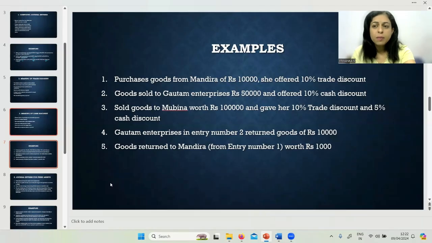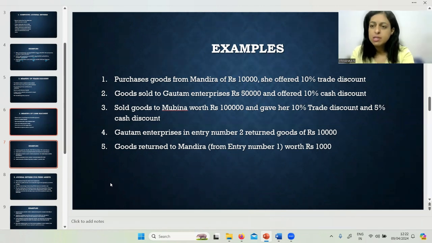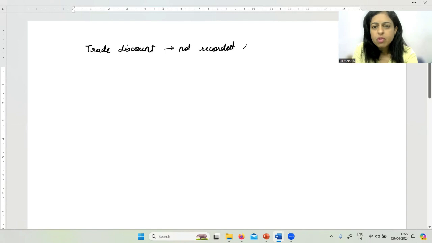Now we are taking the examples on trade discount and cash discount. The first example here says purchased goods from Mandira 10,000 and she has offered us 10% trade discount. What is the first basic concept of trade discount and cash discount? Trade discount is not recorded separately. Remember this, not recorded separately.